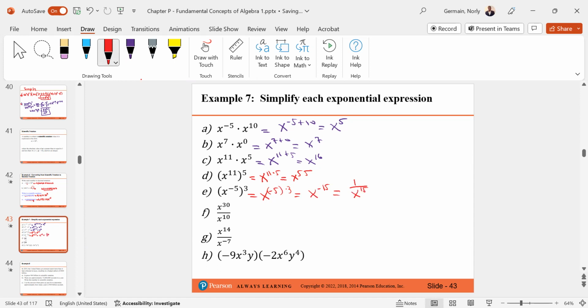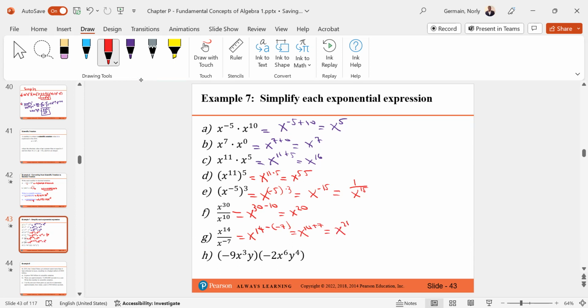Okay. When you have quotients, pay attention to the bases. If the bases are the same, we subtract the exponents. Right? x power 14 minus -7: x power 14 plus 7, x power 21.